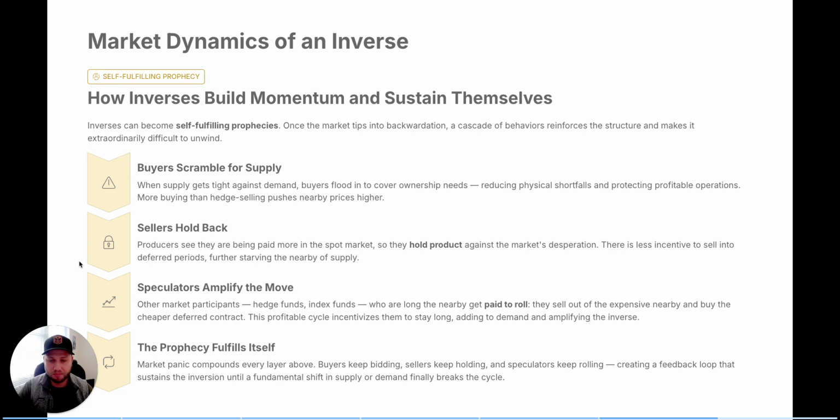So what then happens in the inverse is there's less incentive for anyone to be selling in deferred periods, right? Because you look at it and say, well, there's an inverse now. Why wouldn't an inverse in the next period occur as well? So why would I sell something further out? So again, adding to that whole demand pressure and that self-fulfilling prophecy that's keeping that inverse market structured.